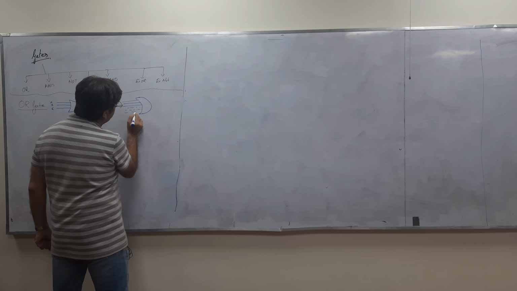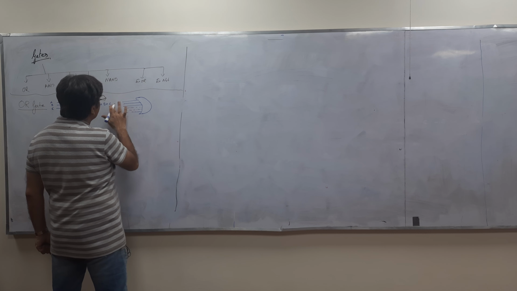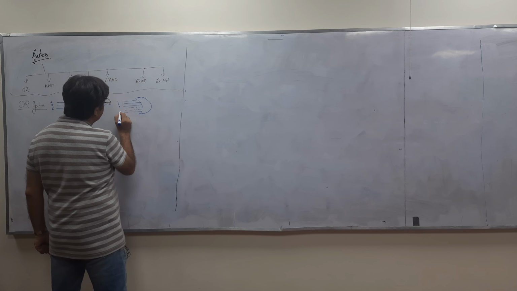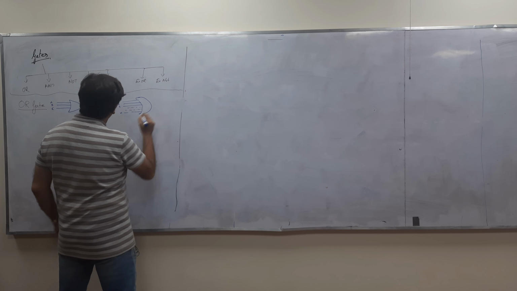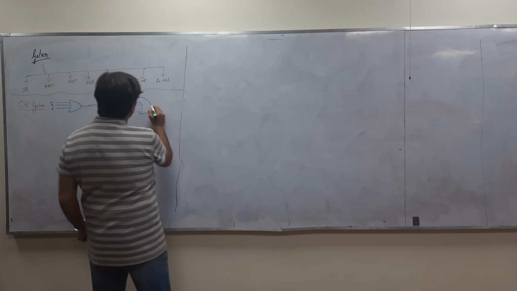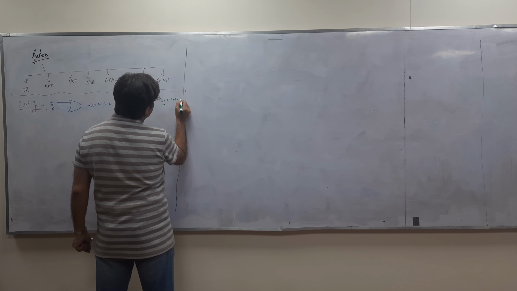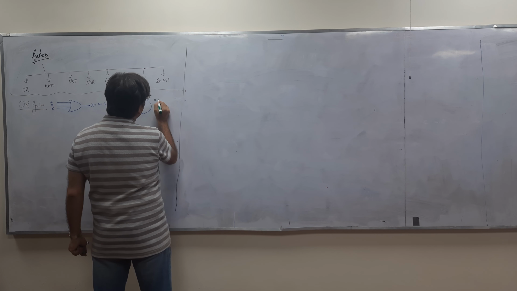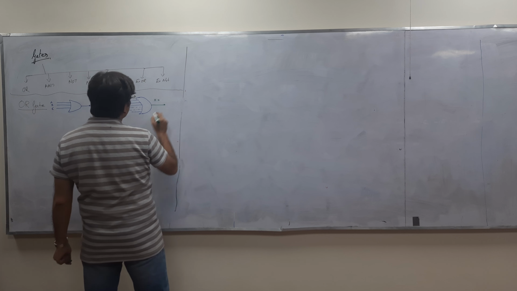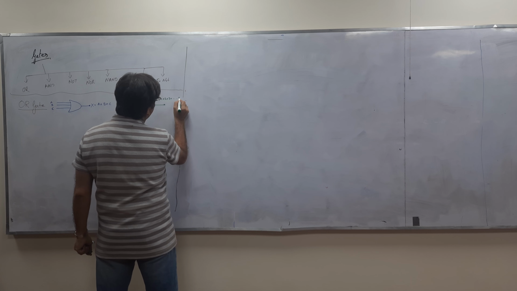They may have any finite number of inputs, say 1, 2, 3 up till n, and X will be 1 plus 2 plus 3 plus, logically representing the summation, up till n.